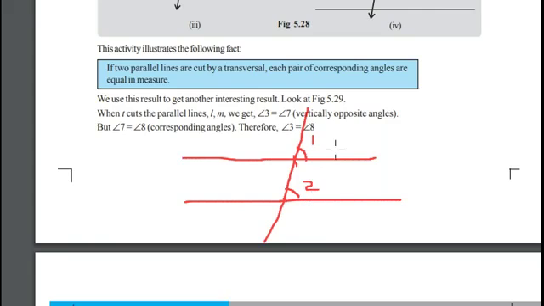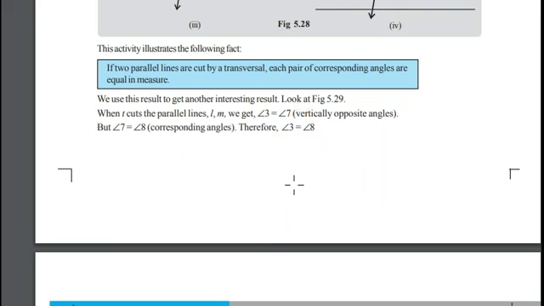The measure of angle 1 and angle 2 are equal. Similarly, on the other side, the corresponding angles are also equal. Let us call them 3 and 4. Measure of angle 3 is equal to measure of angle 4. The corresponding angles are equal.